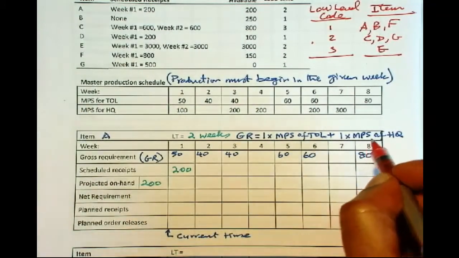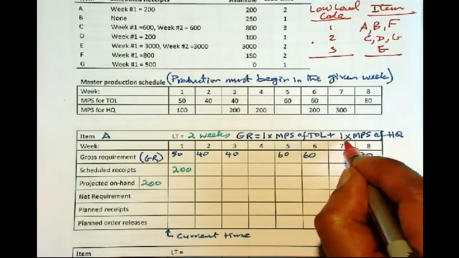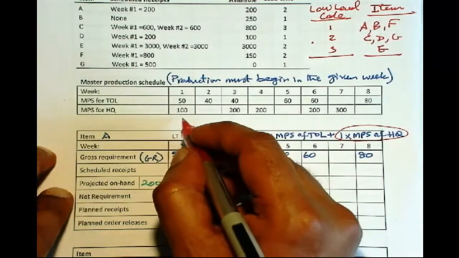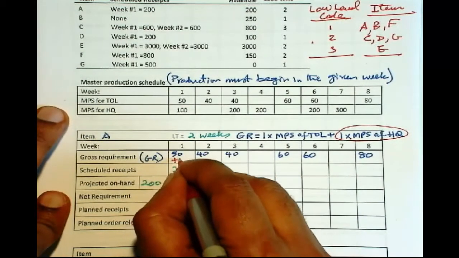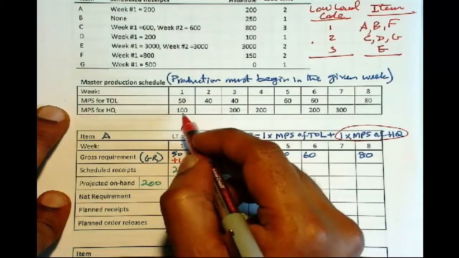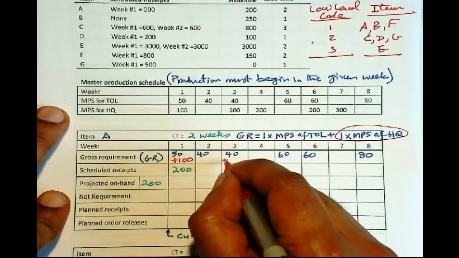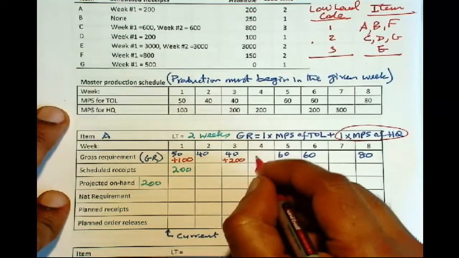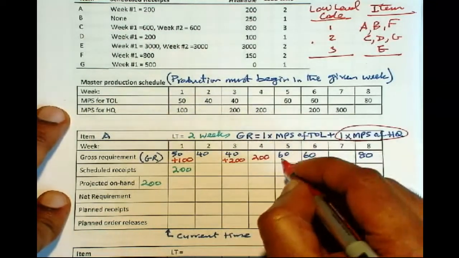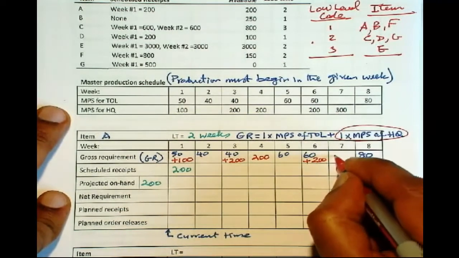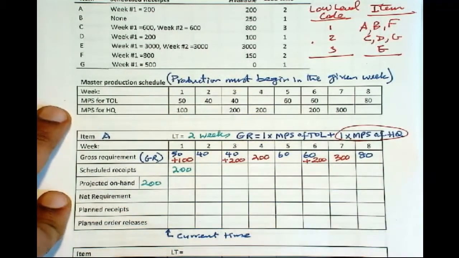And I will use red ink pen for that part. 1 times HQ, so we have to add that 100 to it, then nothing, and then add 200, then that's 200, nothing here, plus 200, then 300, and nothing there.